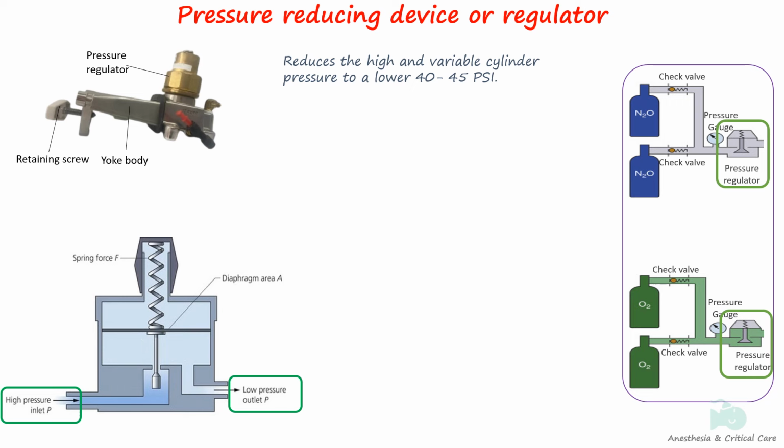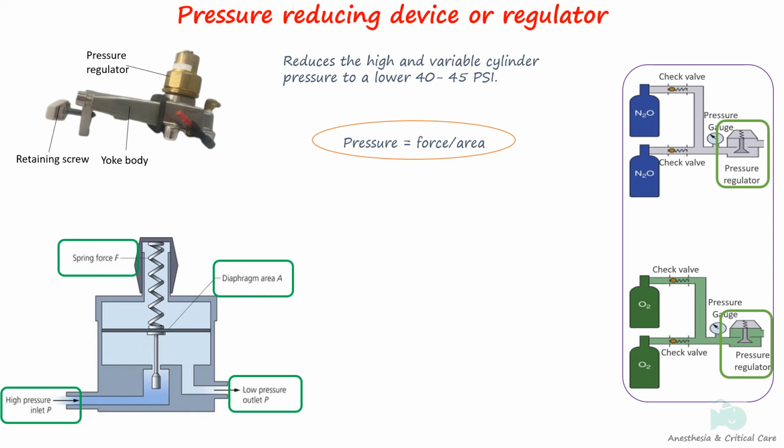It achieves this through a basic principle that pressure exerted by any applied force is inversely proportional to the area it acts upon. So, the output pressure of the regulator is dependent on the force exerted by the spring and the area of the diaphragm.